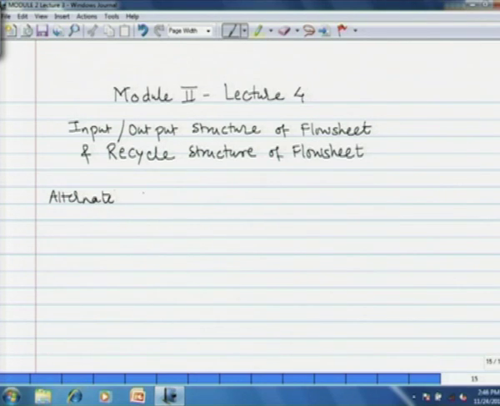Alternate approach for material balance.